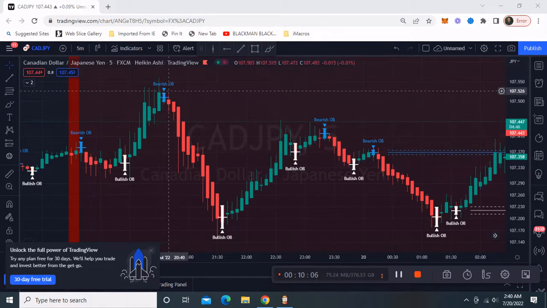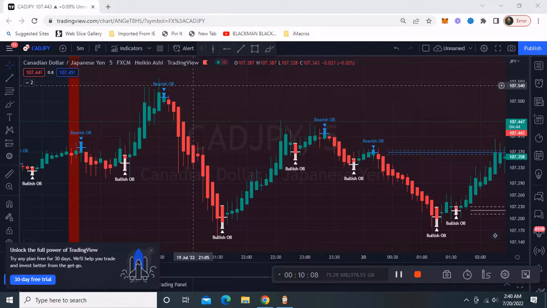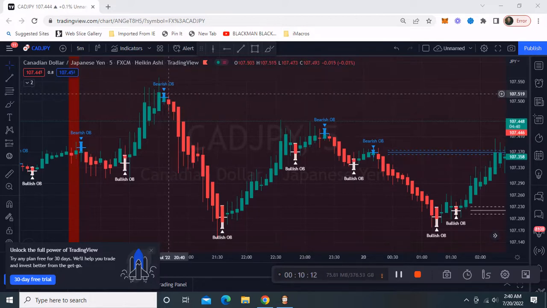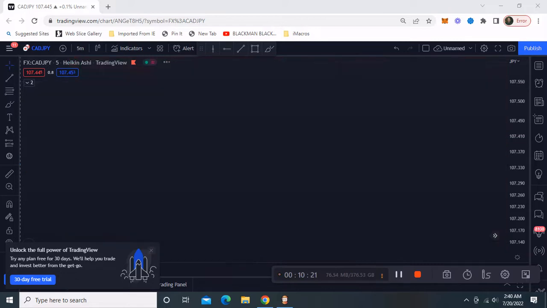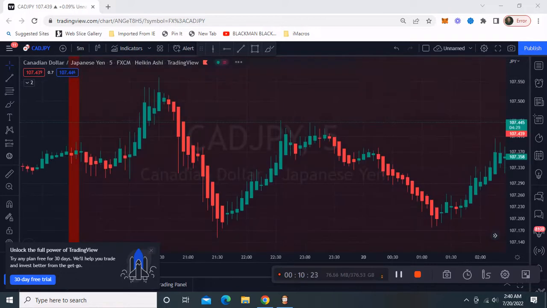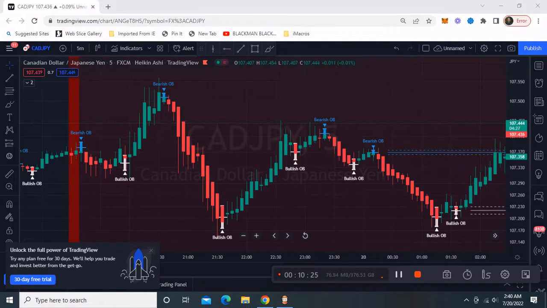Once you get really familiar with order blocks, you'll start seeing them before they even show up, and you'll say, this is going to be an order block. But you've got to wait for it to appear.